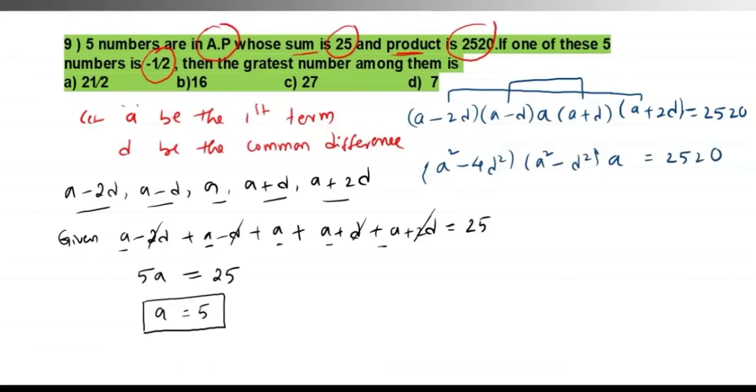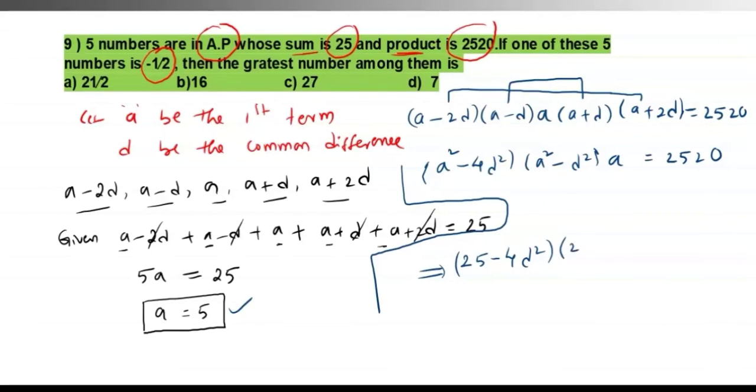But what is the a value? 5. Substitute here, what will you get? So (25 minus 4d square) into (25 minus d square) into 5 is equal to 2520. Right? We can cancel with 5.